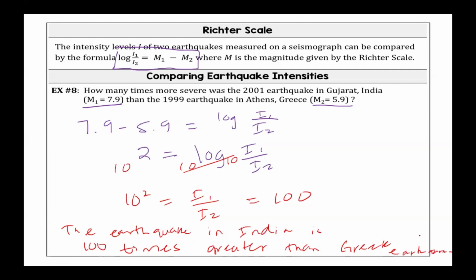That says the earthquake is greater by an order of magnitude of 2. Whatever the power is on the 10, that's your order of magnitude. So the order of magnitude here is 2. And that's that. Another example of using log properties without a calculator.